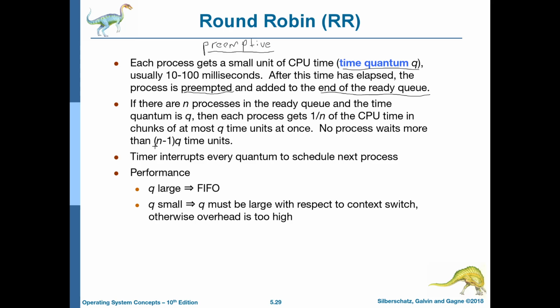Now, with that in mind, no process waits more than (n-1) times Q time units. So if I have 15 jobs on the queue, and the job at the bottom needs to know how quickly it's going to run, it will wait for 14 other jobs, let's say with a time quantum of 10, 14 times 10 time units.